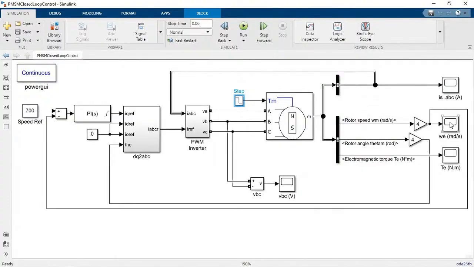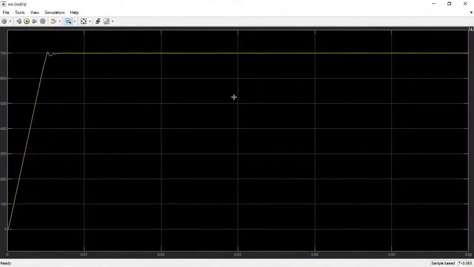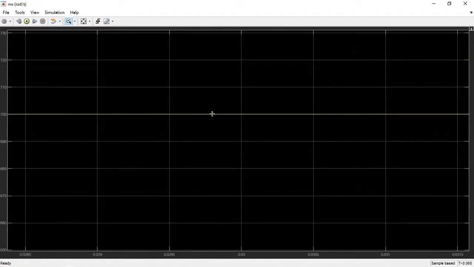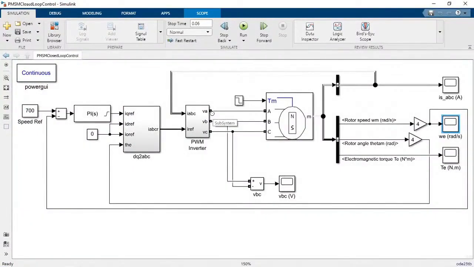At that point, if you enlarge the view around 0.03, the speed is almost completely equal. Due to this, we call it a constant torque machine. This behavior will give smooth operation to the load.